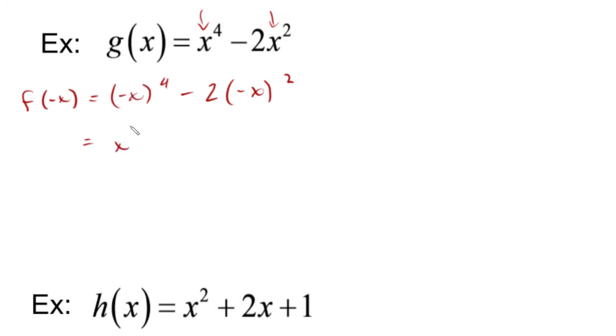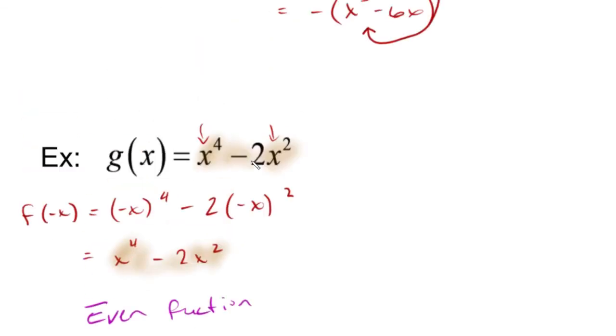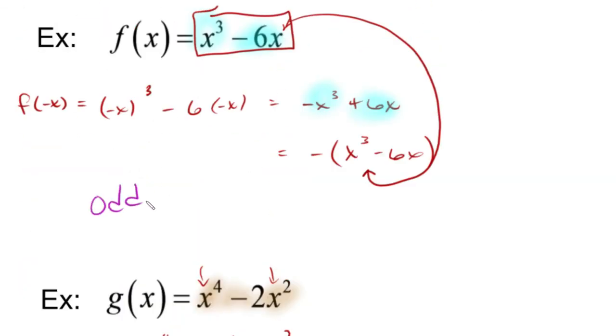So you get positive x to the 4th minus 2, and then again, negative x times negative x is a positive x squared. And notice, this is exactly the same. X to the 4th minus 2x squared, x to the 4th minus 2x squared. This is an even function. And this one up here I didn't specify, but this is odd.